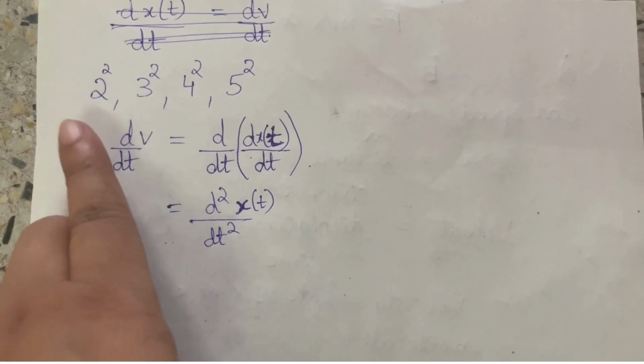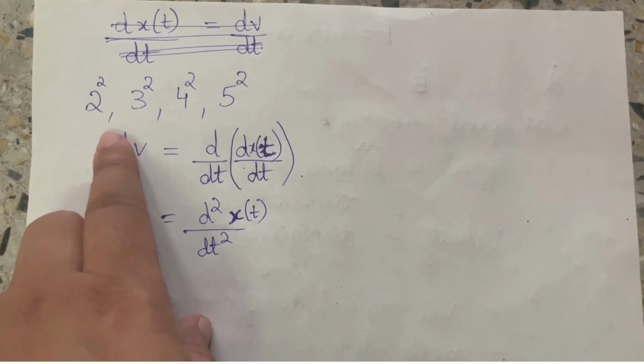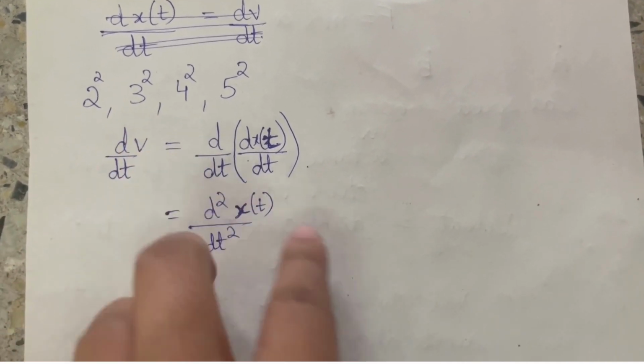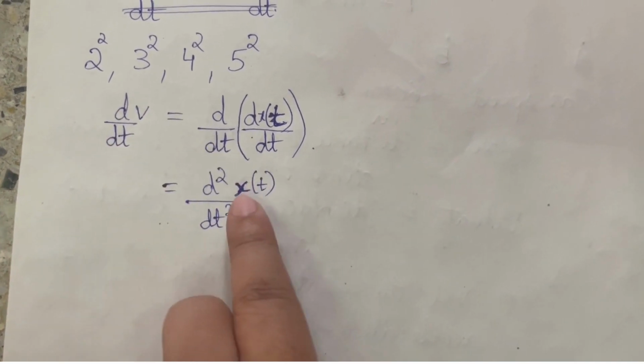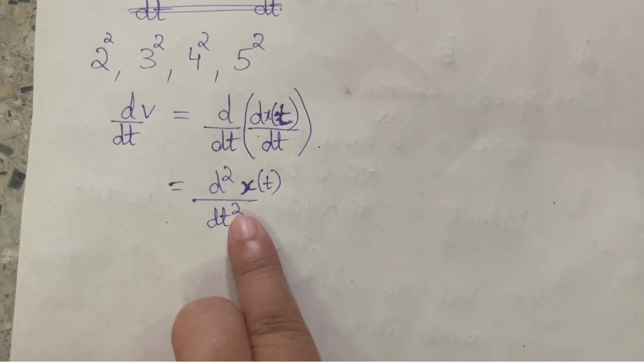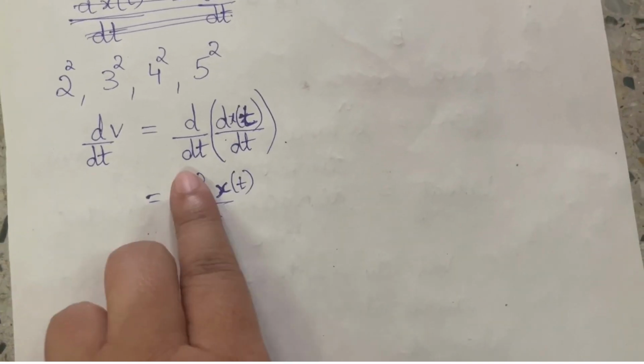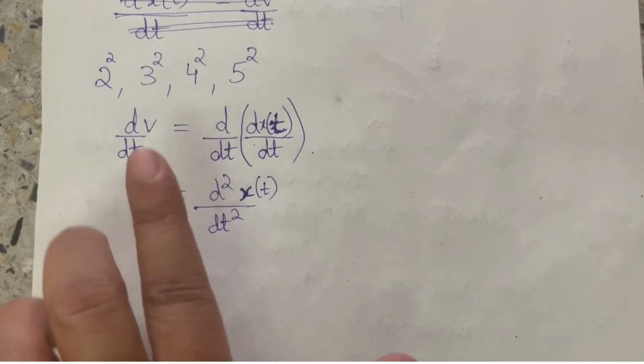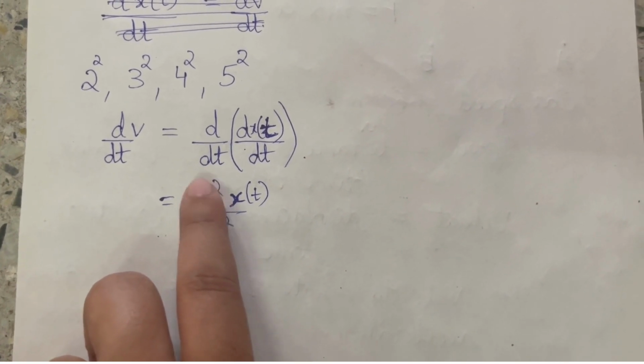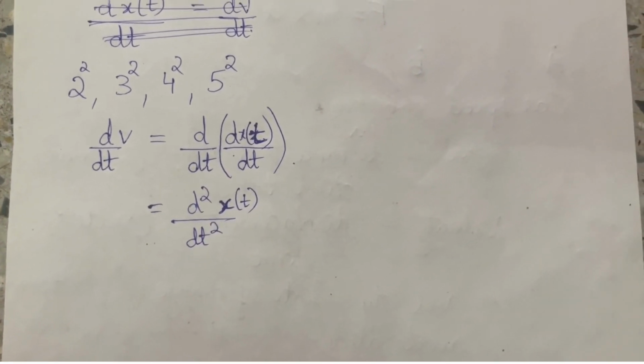The top number in this part is 1. If we don't write anything, automatically it means that it is 1. Here I have written 2 in both the cases. It is not that you will multiply these two or add these two. It is just a common number. So here we are writing 2. This is a second order differential equation.